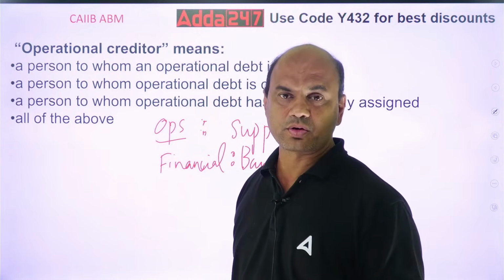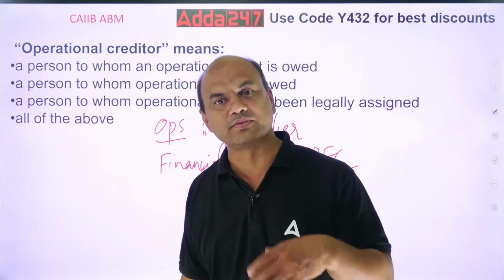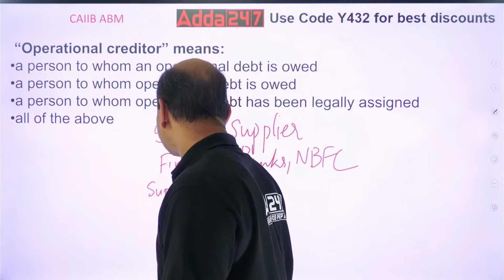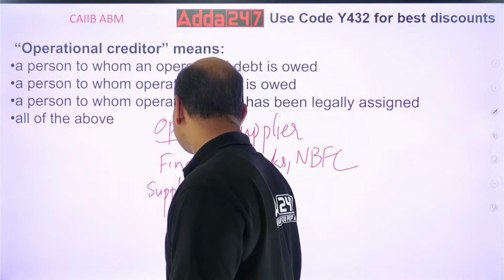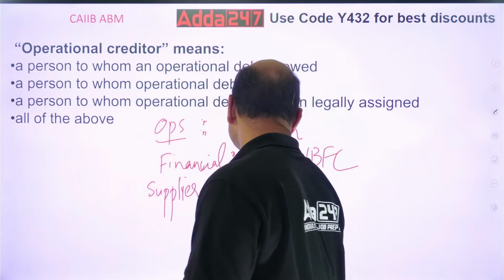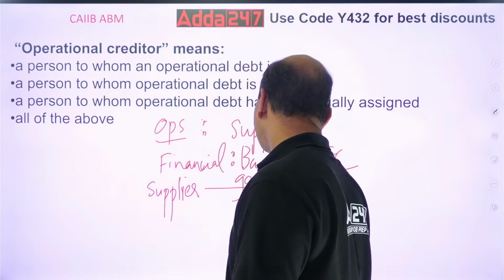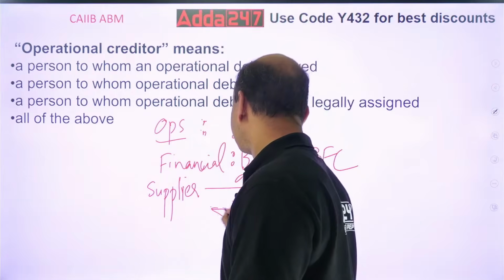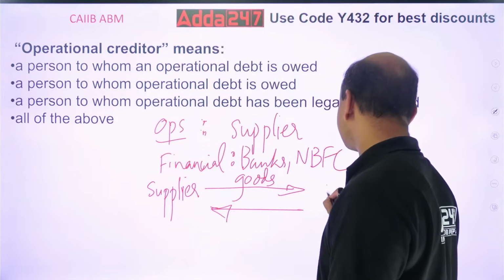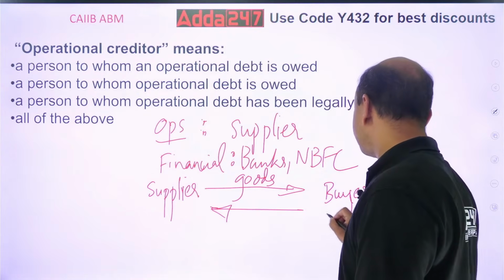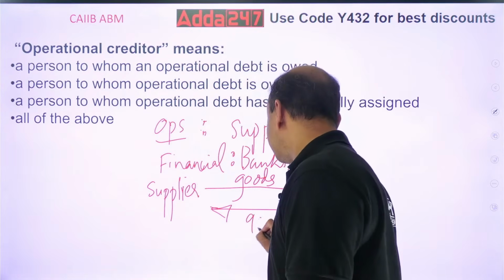Understand what I was talking of? This is the simple logic of your operational creditor. He is giving me goods, and I am the buyer. Payment is to be done after 90 days, let's say 90 days.